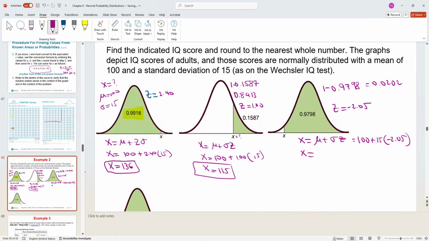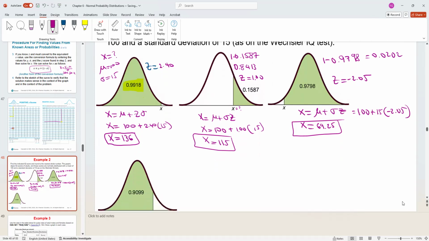When you do everything, 2.05, which is negative, times 15 plus 100, it gives us 69.25. Remember, probability is never negative.